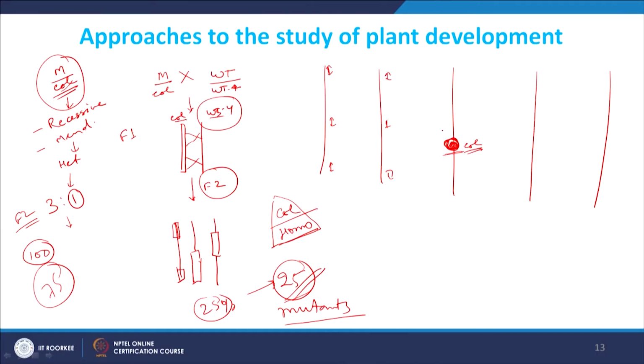Now, in these 25 plants, this region will be Columbia, but all other regions can be anything as per the Mendelian pattern.